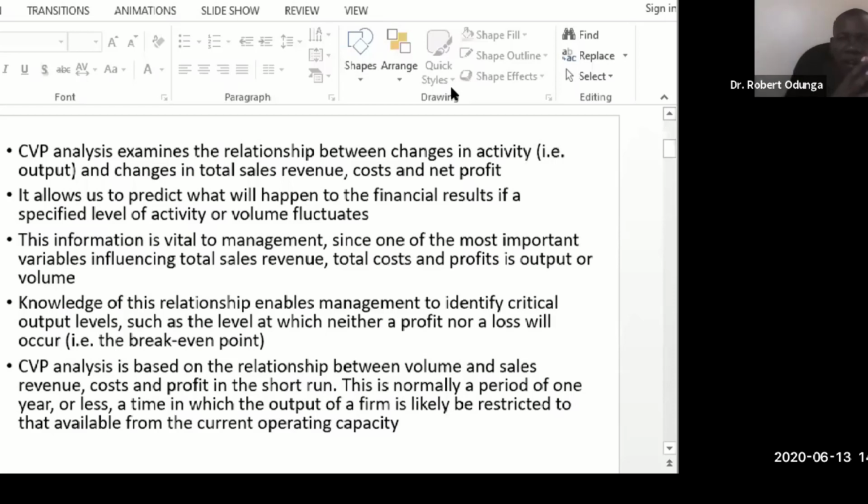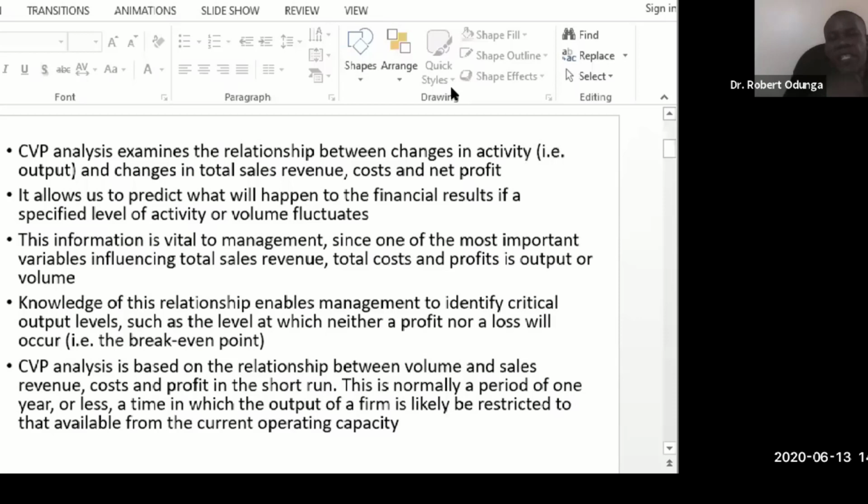So our profit is zero, our loss is zero, okay? CVP analysis is based on the relationship between volume and sales revenue, cost, and profit in the short run. This is normally a period of 1 year or less, a time in which the output of a firm is likely to be restricted to that available from the current operating capacity.